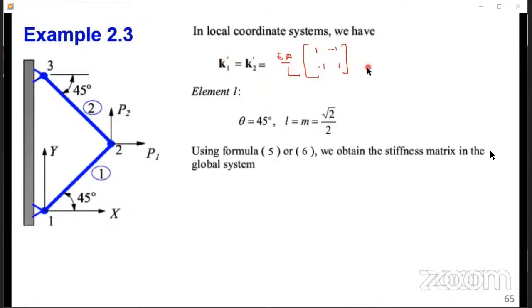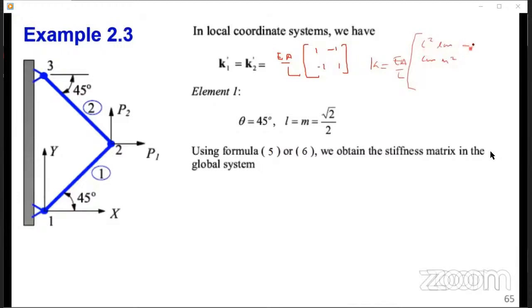You just know that in the global coordinate system, K is equal to EA over L times [L squared, LM; LM, M squared] on the main diagonal. The main diagonal blocks are the same, and the minor diagonal blocks are negative.